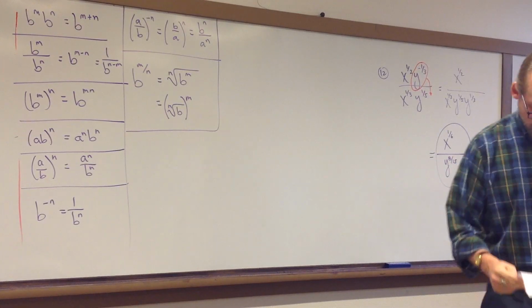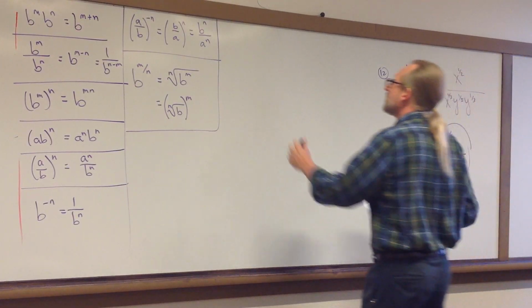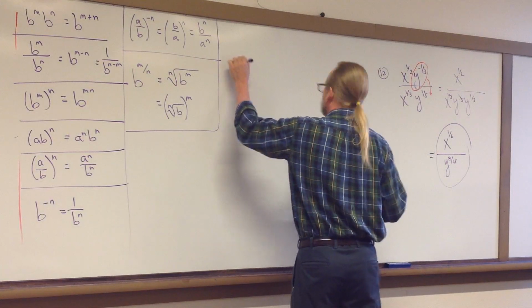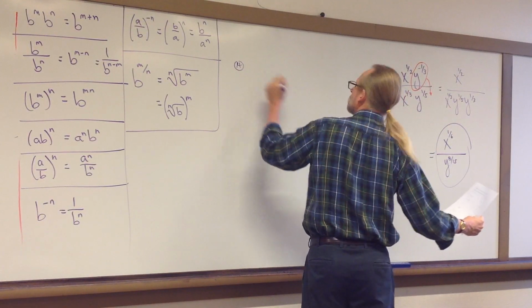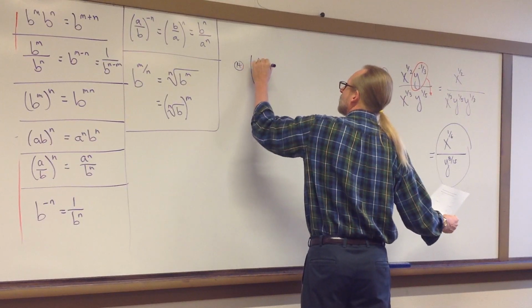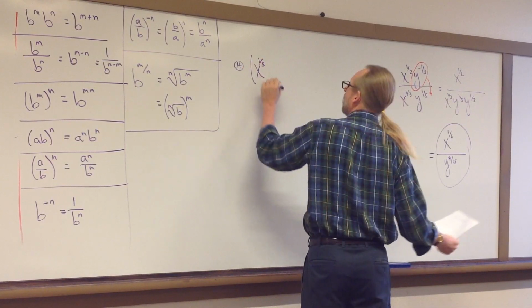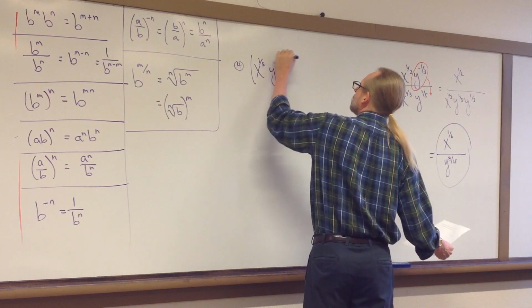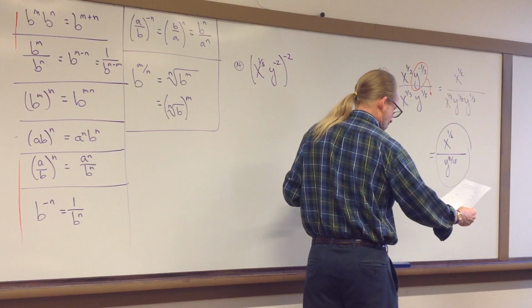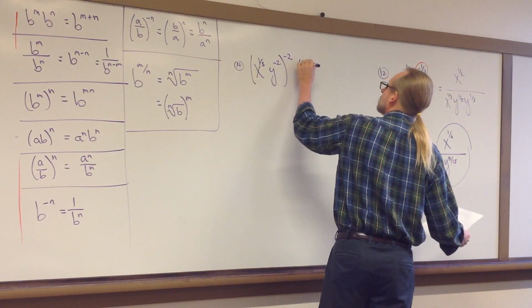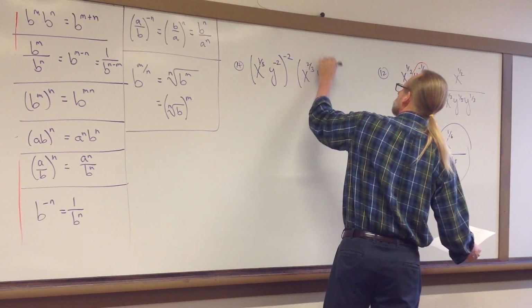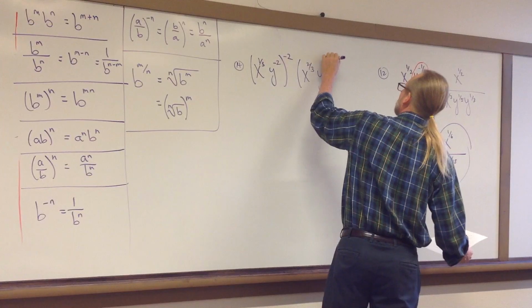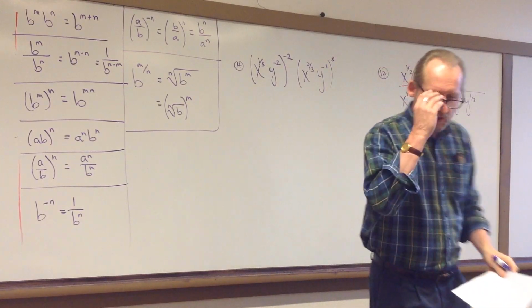Let's see. 14 gets a little bit complicated here, but we don't have any fractions except in the exponents. So x to the 1/3, y to the minus 2 raised to the negative 2 power, and then x to the 2/3, y to the negative 2, and that's raised to the 3rd power.